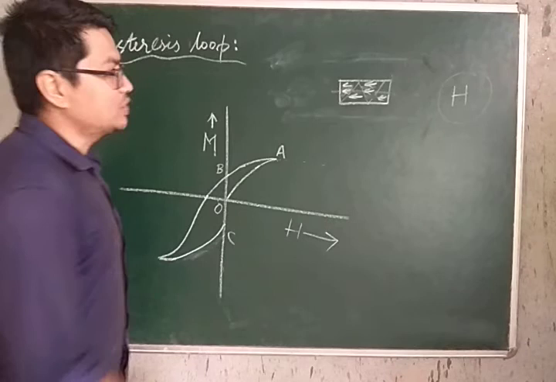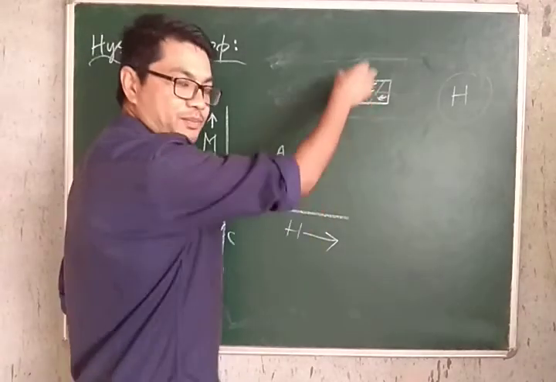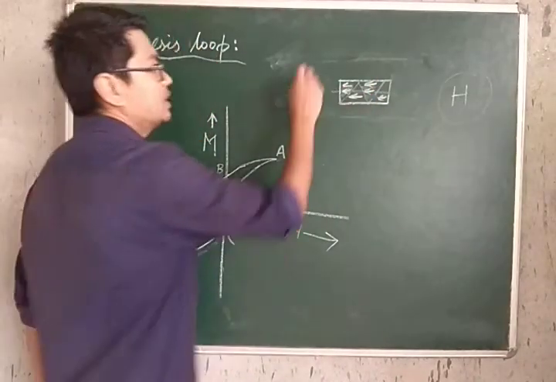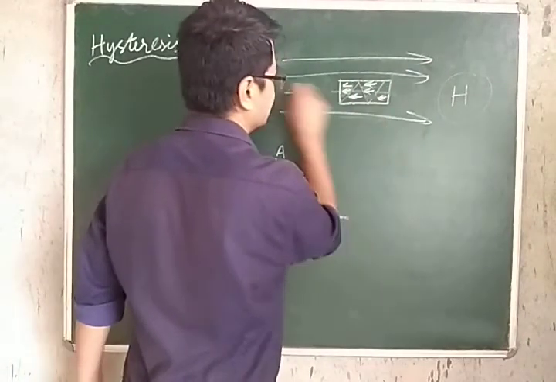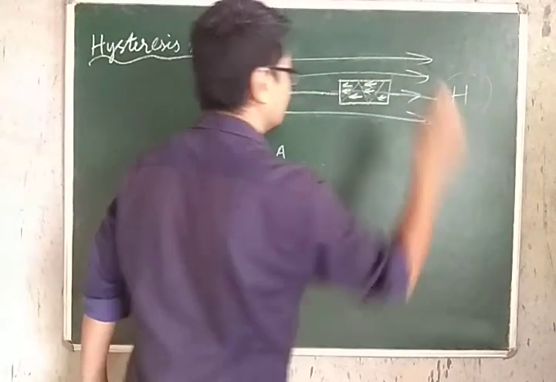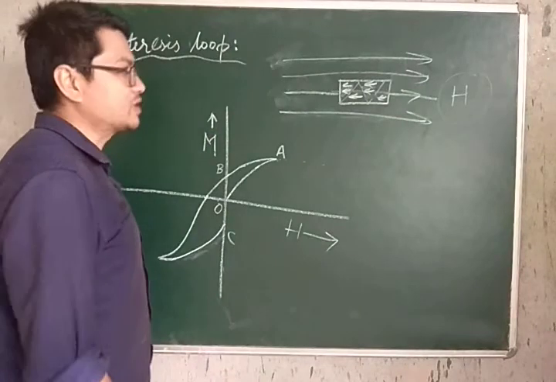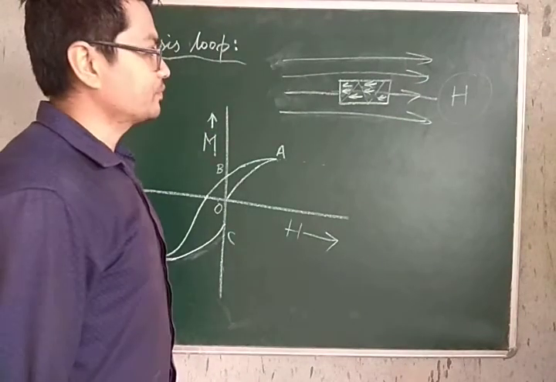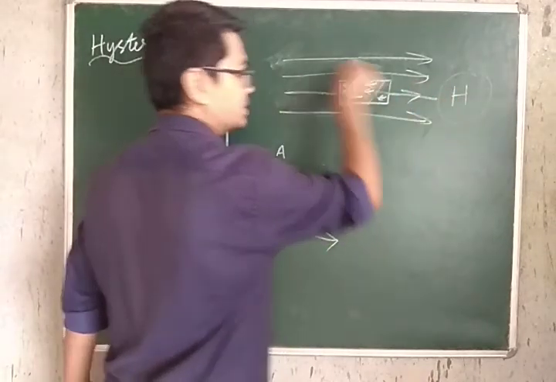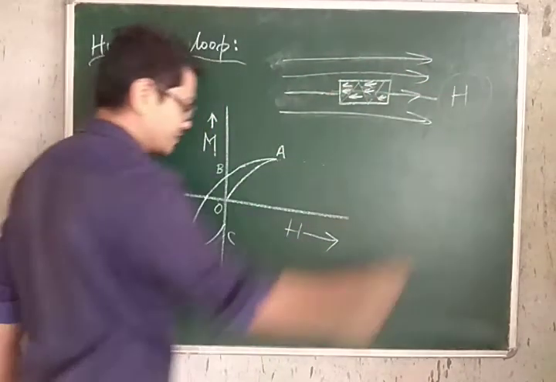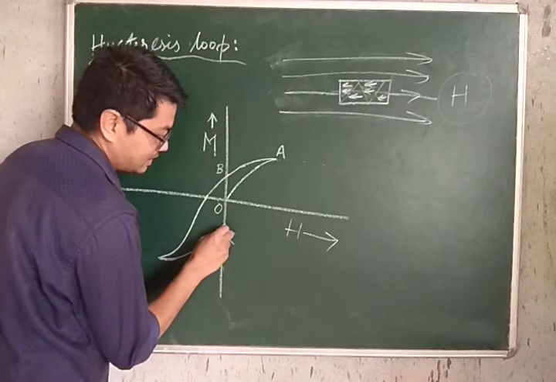Okay, then again you want to completely remove the magnetic behavior from the ferromagnetic substance. You again go on increasing capital H in this direction. So to say, you are being very cruel to the ferromagnetic substance. Alright, you again start increasing your capital H external magnetizing field in the previous direction, that is towards the right hand side.